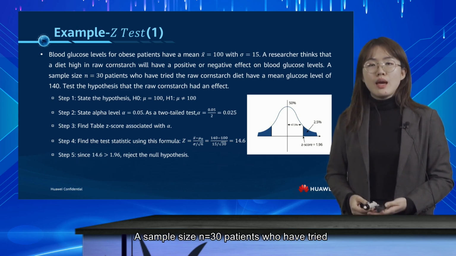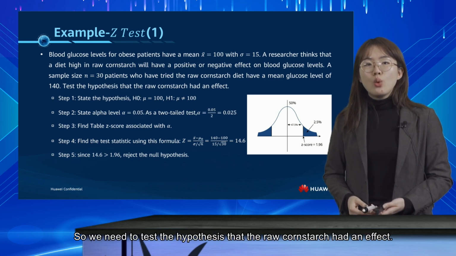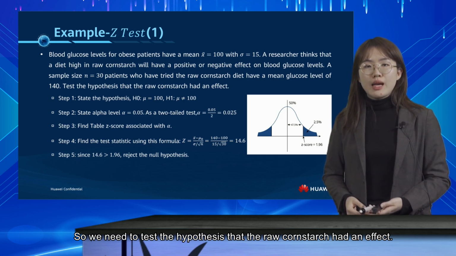A sample size N of 30 patients who have tried the raw cornstarch diet have a mean glucose level of 140. So we need to test the hypothesis that the raw cornstarch had an effect.